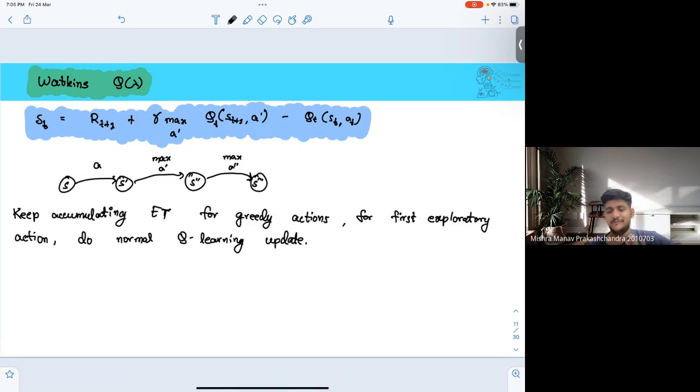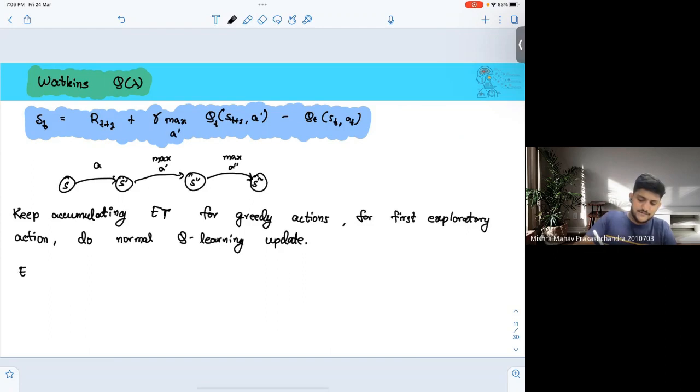This is what the Watkins Q lambda algorithm tells me. For every greedy action that I keep encountering, as is the case with Q learning, because I am only concerned with the max of A prime, I keep track of the eligibility traces, accumulate them, and make updates with regard to them. But the moment I encounter my first exploratory action, I stop accumulating my eligibility traces and do my normal Q learning update.